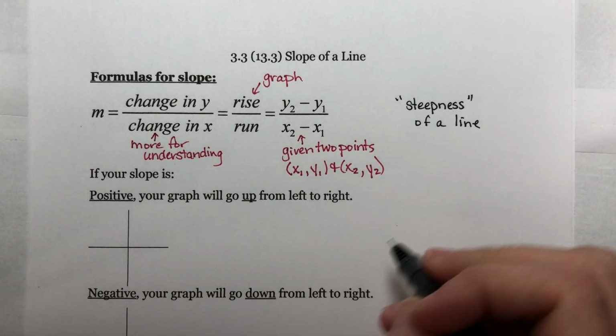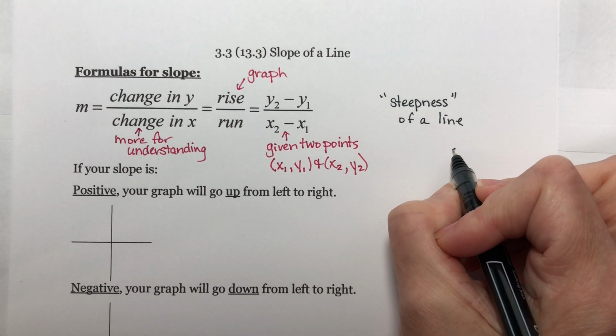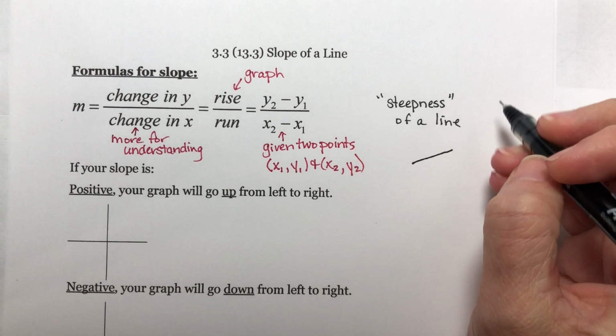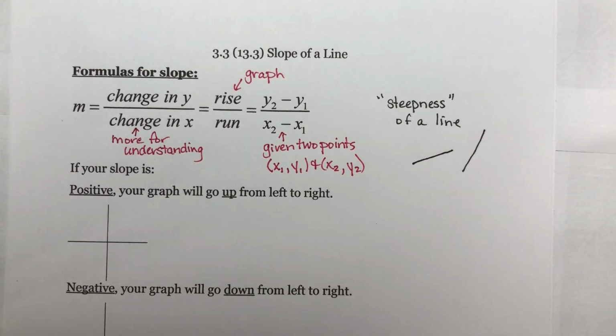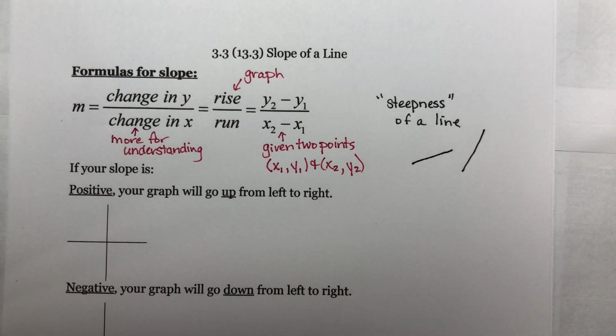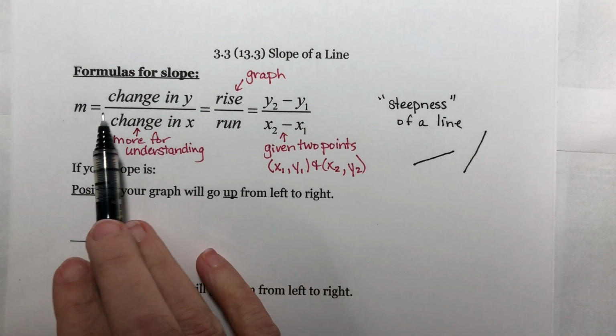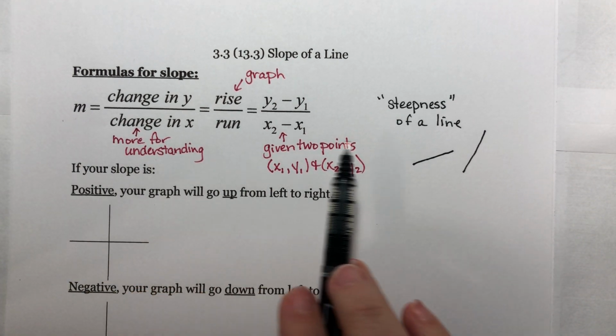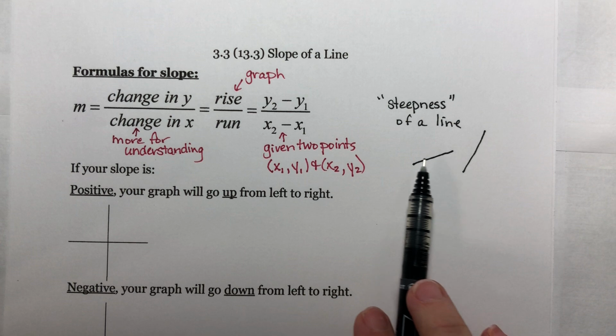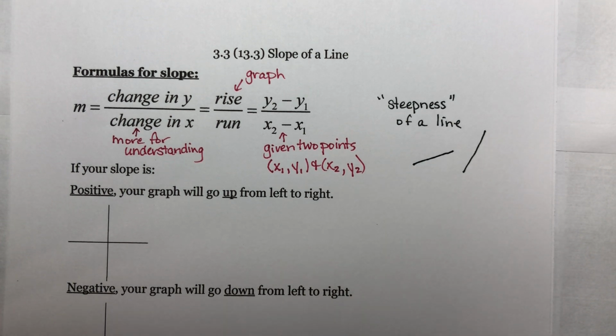It's how we quantify the difference between a line that goes like this and a line that goes like this. Okay, we're going to have a numerical value. That's what a slope is. A slope is always a number where you talk about the difference between these two things.